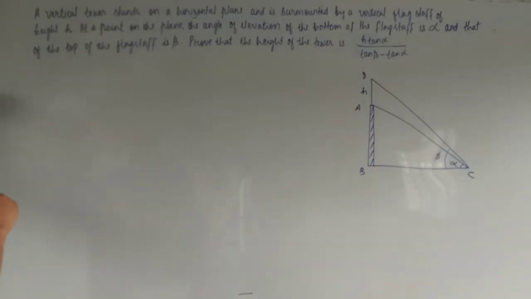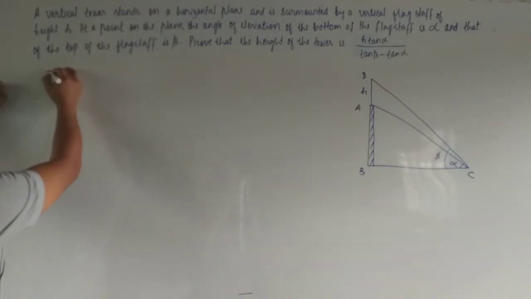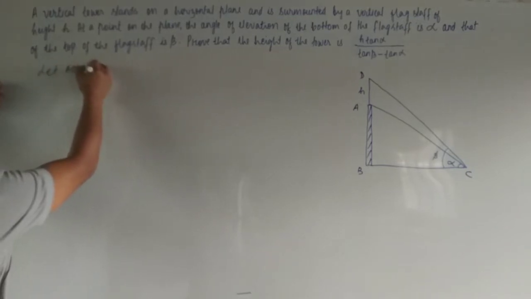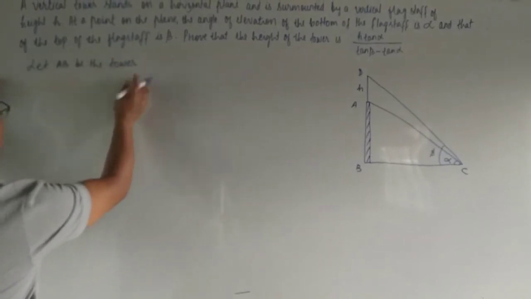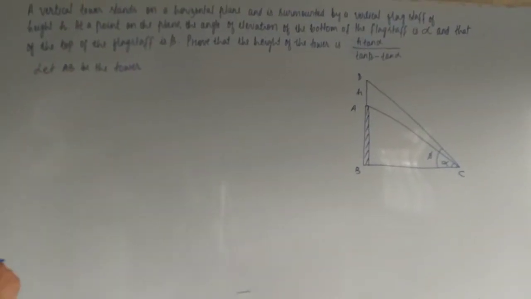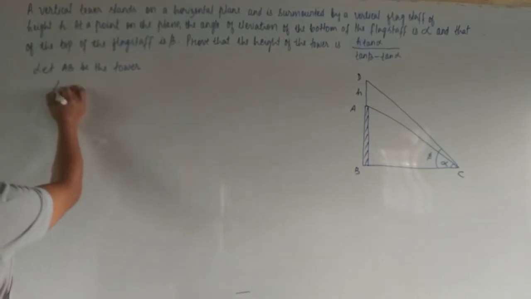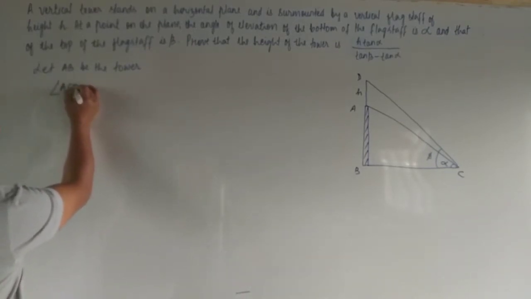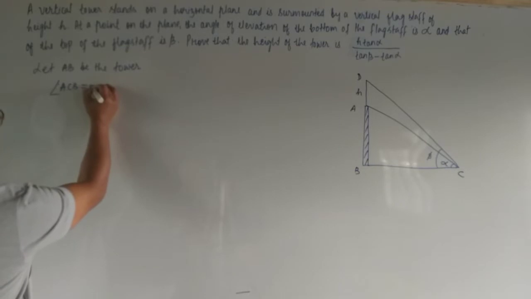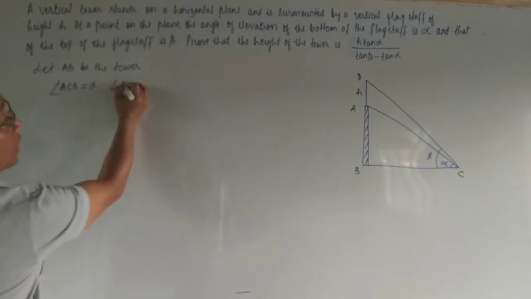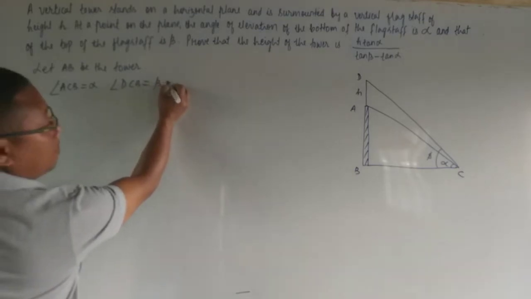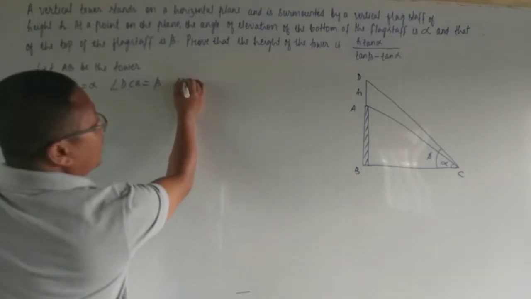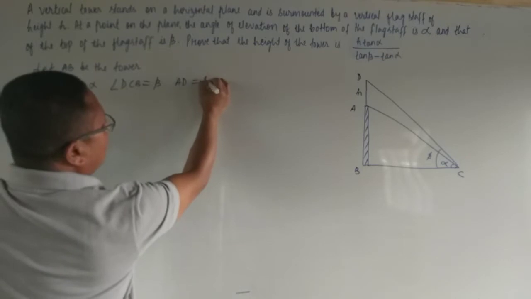Now let's write the given. So let's suppose let AB be the tower. Then angle ACB equal to alpha, angle DCB equal to beta, AD equal to h.